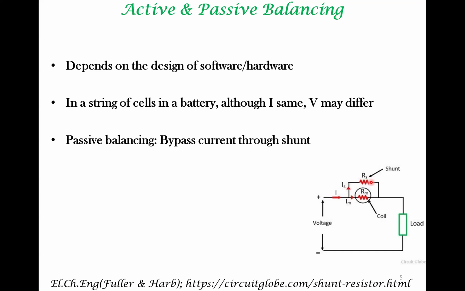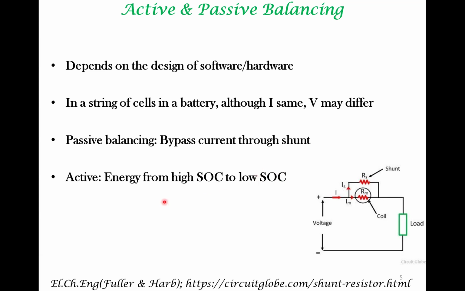This is not the most efficient way of providing balance to cells in series, but the design of passive balancing is easier compared to what is called active balancing. In active balancing, energy from a cell that has high state of charge is supplied to another cell that has low state of charge.